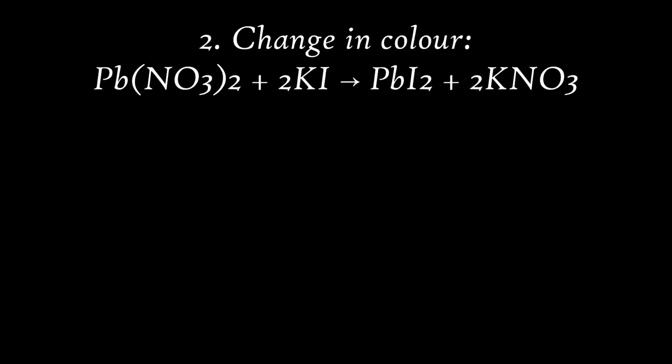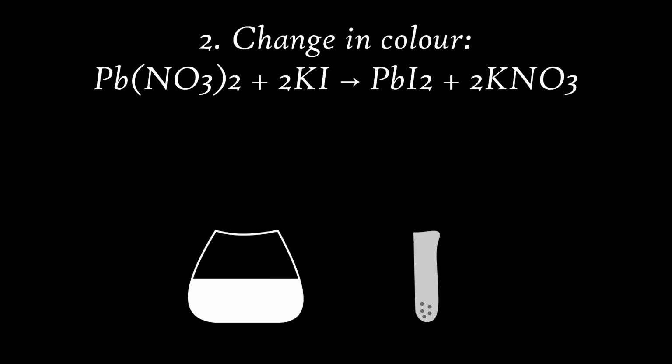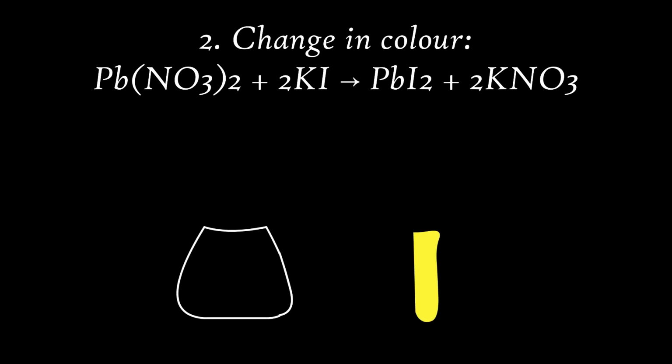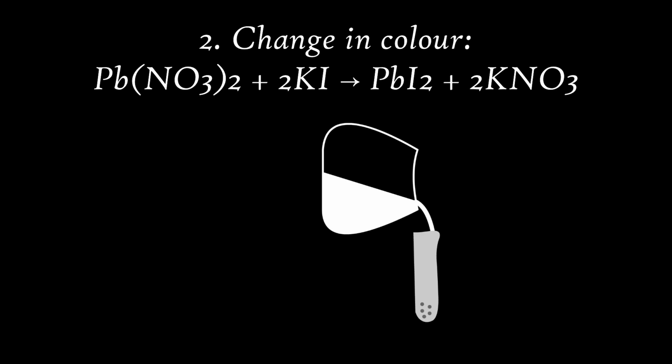The second characteristic is change in color. Lead nitrate solution is taken in a test tube and you add potassium iodide solution to it, so it changes its color to yellow. The third characteristic is change in temperature.